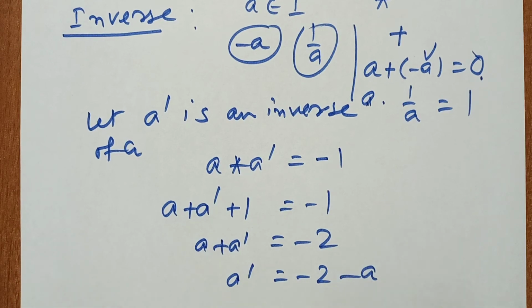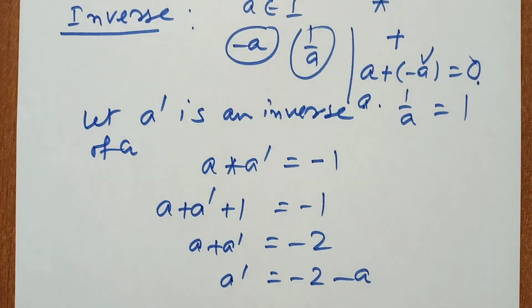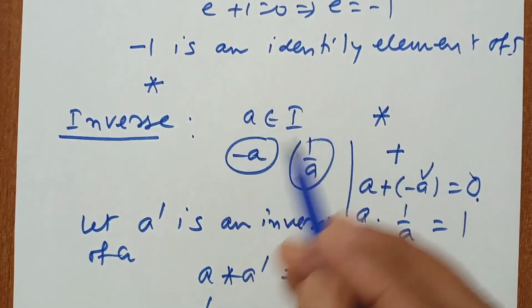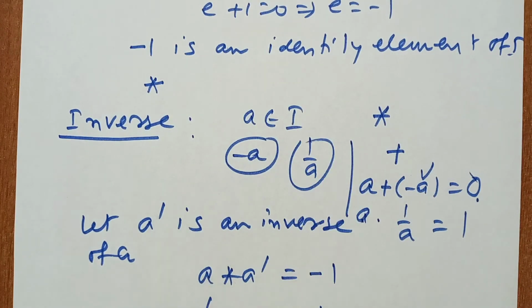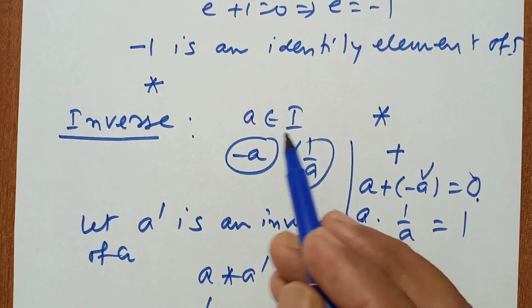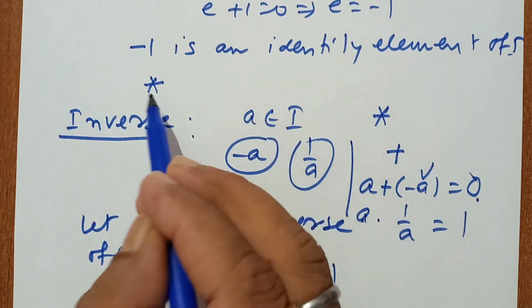So this is very interesting as well as very important. In this question, if A is any arbitrary element of I, what is the inverse of A with respect to this operation?